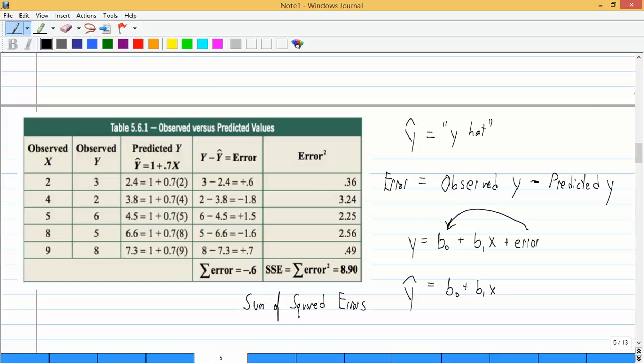It can be used as a criterion for selecting the best fitting line through a set of points. If the sum of squared errors is 0, then the model fits the data exactly.